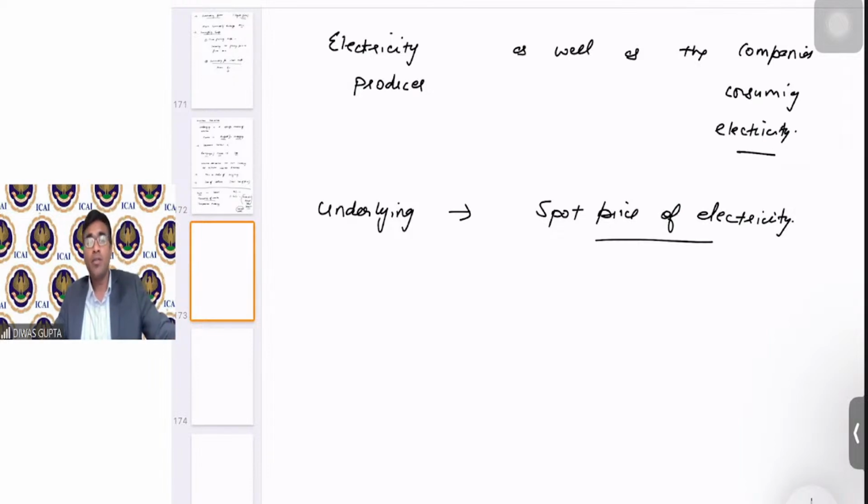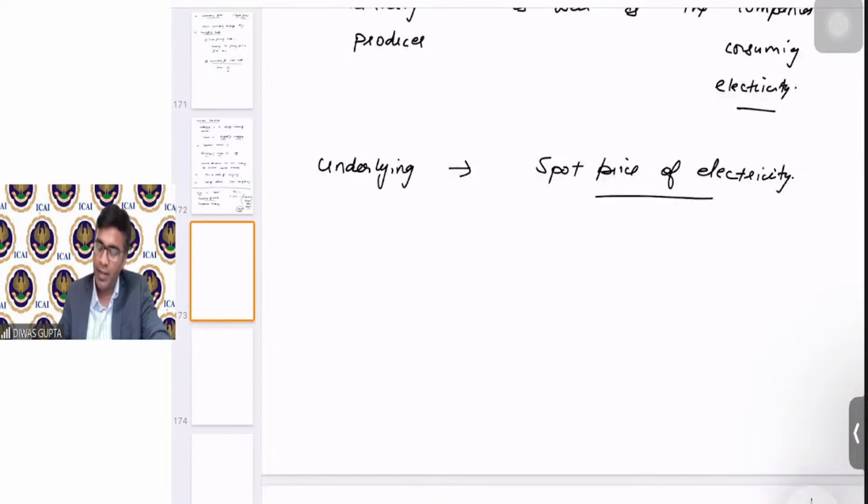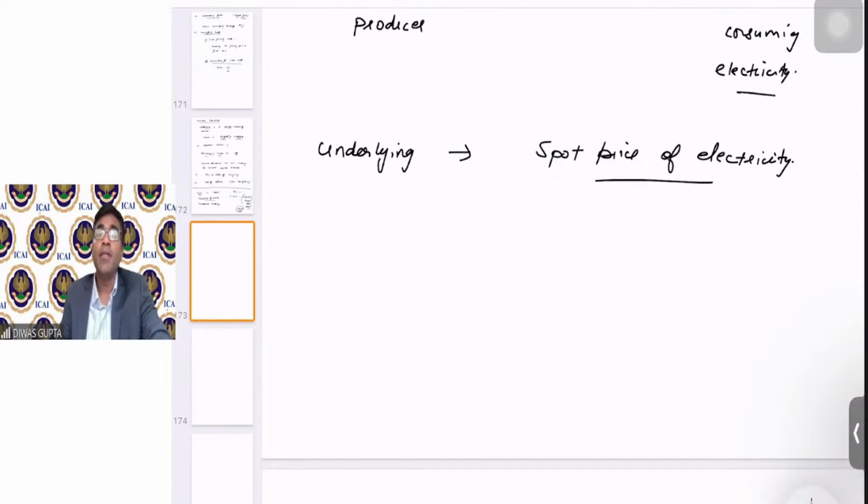Now, students, we would have seen that some of the companies in electricity production do power purchase agreements for almost 20 to 25 years. In that, they will fix the rates, or if not fix the rates, they will identify how to calculate them. So it is one kind of a forward agreement, right?